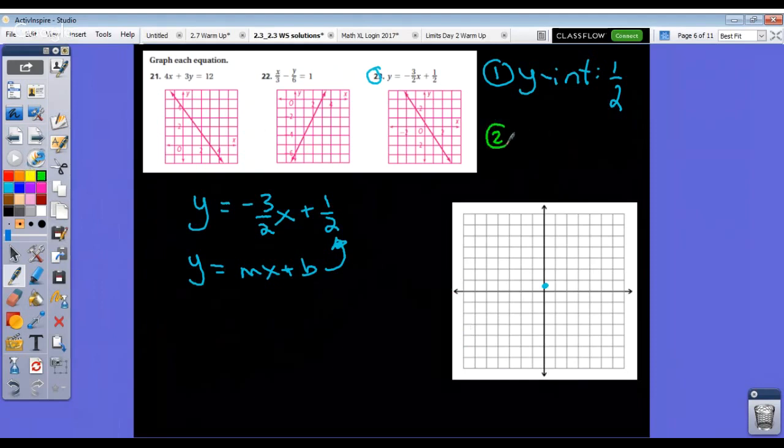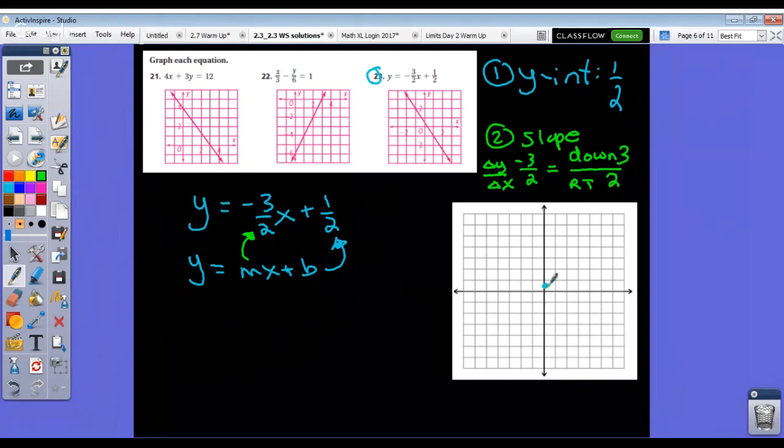The second thing we do is use the slope, which is negative 3/2. Again, a reminder, slope is the change in y over change in x. So the negative 3 says that we are going to go down 3, and the positive 2 tells us we are going to go to the right 2.